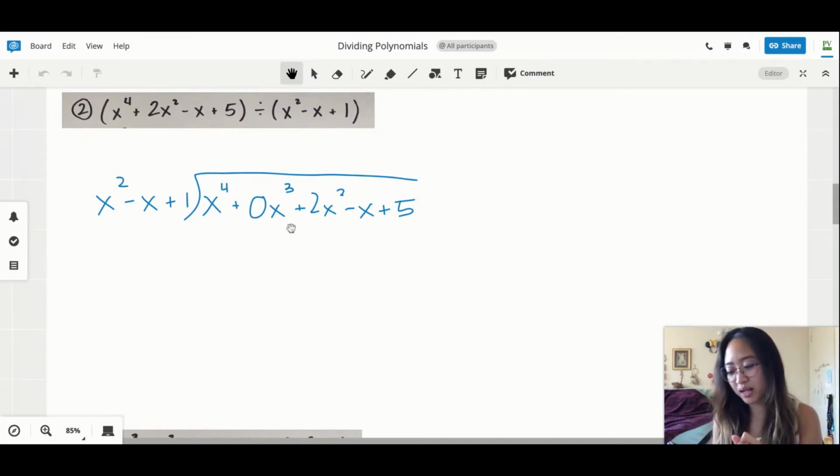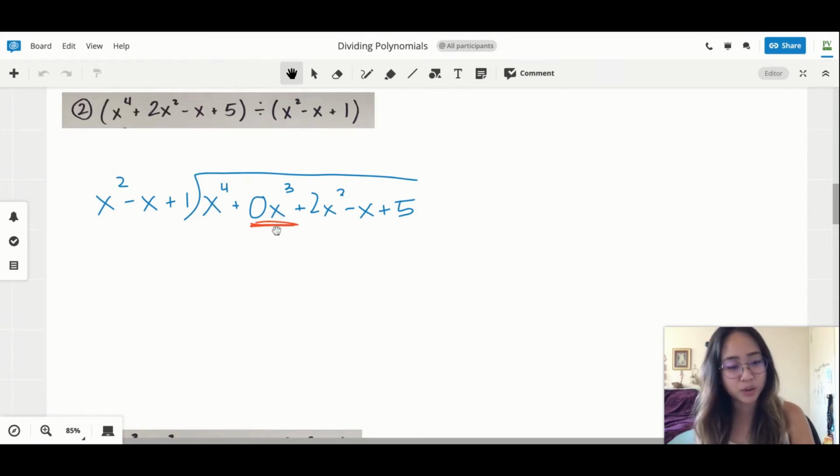So I made a placeholder for the cubic degree, because notice that our dividend didn't have any term with an x cubed. And when we use long division and later on when we use synthetic division, whenever there is a missing term of the descending degrees, we have to put a 0 placeholder wherever it'll fit.